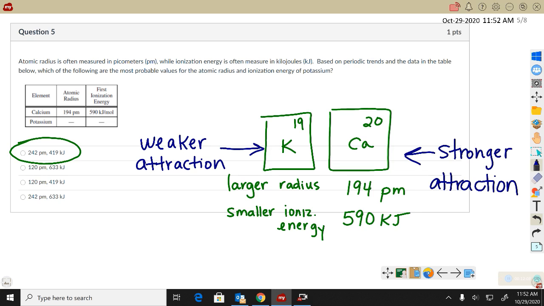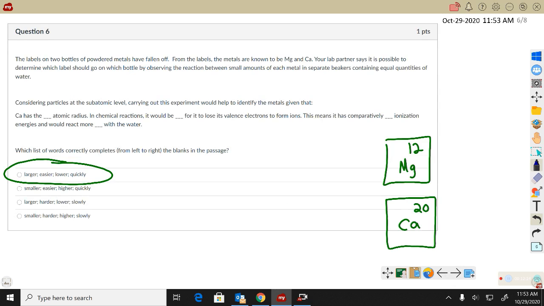It's the trend. Is the radius larger or smaller? Is the ionization energy larger or smaller? And it all goes back to the degree of attraction between the nucleus and the electron cloud. I feel like when you take this summative, that's going to be your answer for every question, right?